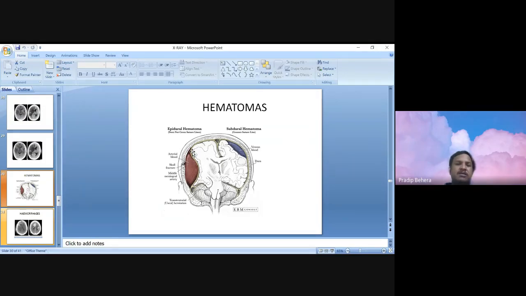When it is above the dura, suppose there is a fracture of the skull, blood trickles down and there occurs an epidural hematoma. Epidural hematomas are biconvex, with a concavity towards the medial side as well as a convexity to the outside. So biconvexity usually is a sign of epidural hematoma.